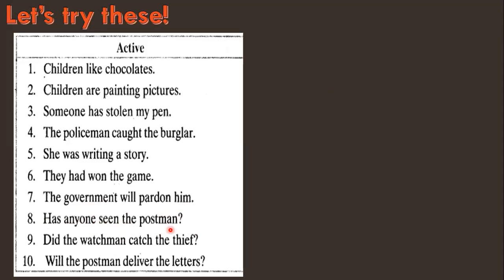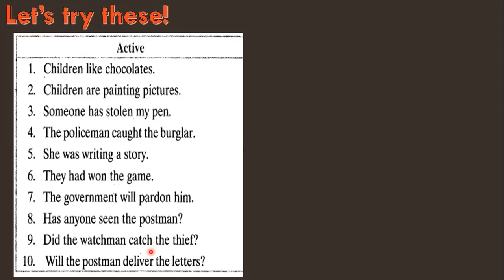Has anyone seen the postman? Come on, who's going to change this? Hurry up. Okay, it's not going to be being, it's going to be been because with has we use been.